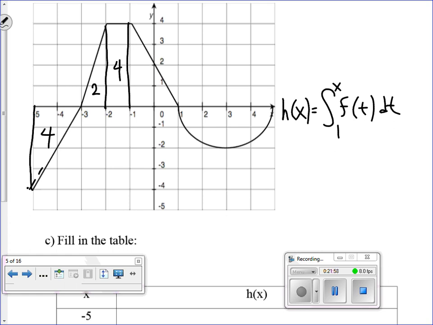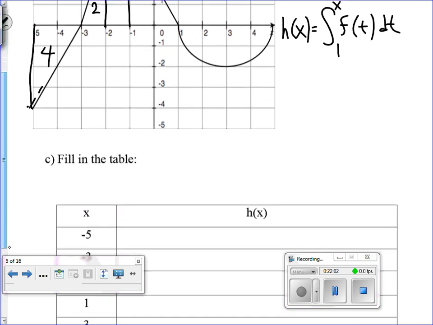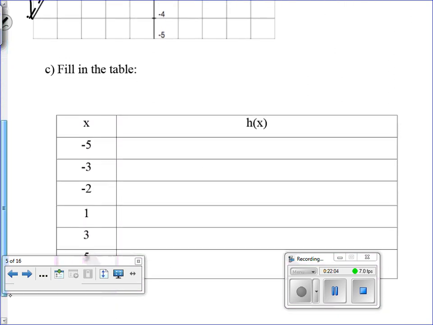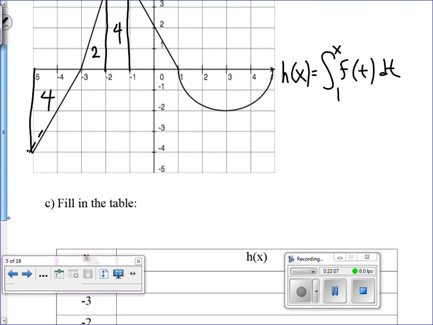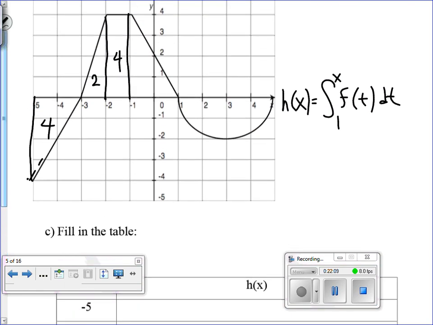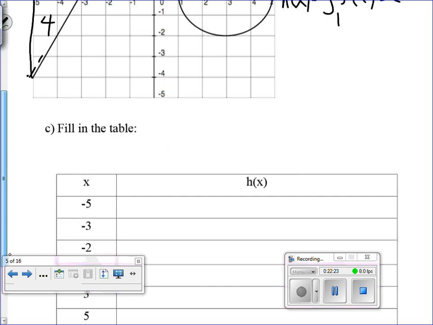Now we've got, I don't think I have to break it up at 0. Let me just see if I need to break this up into a trapezoid and a triangle. Nope, I don't need h of 0, so might as well just do the whole thing all at once. So 1/2 the base times the height, 1/2 times 2 times 4. That's 4. Now, I do think I have to break it up at 3.